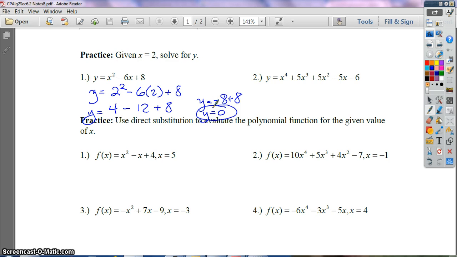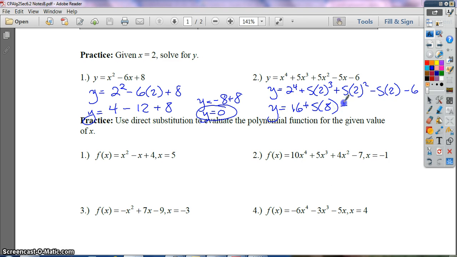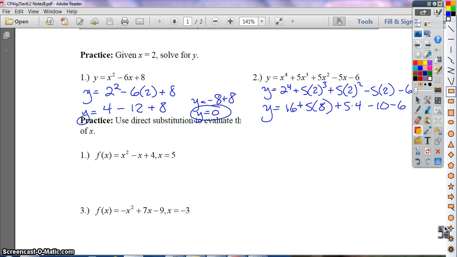Number 2, let's go ahead and put in our 2 here. 2 to the fourth plus 5 times 2 to the third plus 5 times 2 squared minus 5 times 2 minus 6. First order of business, 2 to the fourth is 16 plus 5 times 8 plus 5 times 4 minus 10 minus 6.